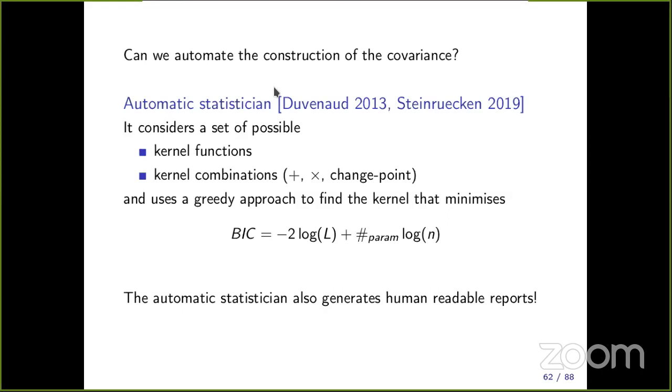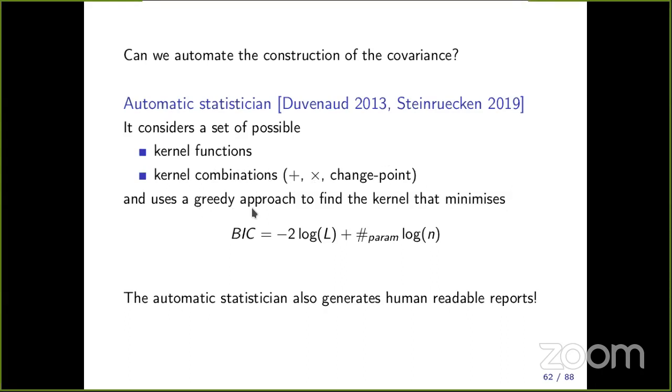So it's basically, in one dimension, one location in the input space where you use a covariance on the left and you transition to another covariance on the right of the point. And then it will build a graph, starting from a simple covariance and trying to make the covariance more and more complicated by using these operations.